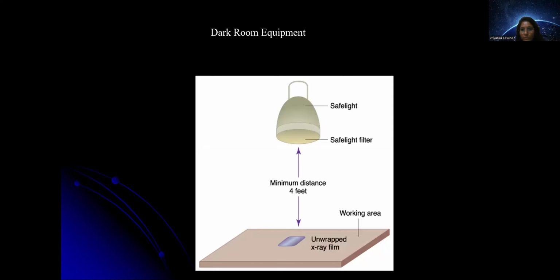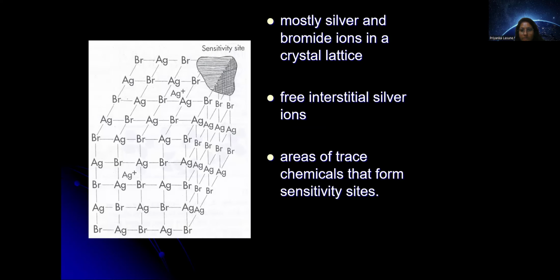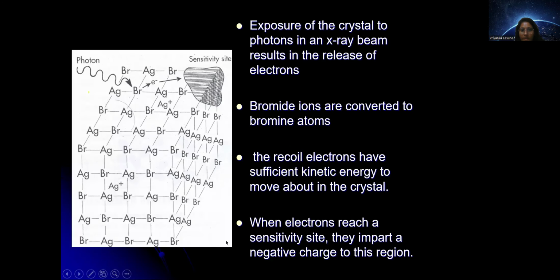Next is the latent image. Latent image means an invisible image, which is formed after the exposure of the X-rays to the film, before processing. What happens? The X-ray film consists of many lattice-like formations of crystals, and they have sensitive sites and free silver ions. Once the X-ray photon interacts with the bromide ions, they are converted into bromine atoms.